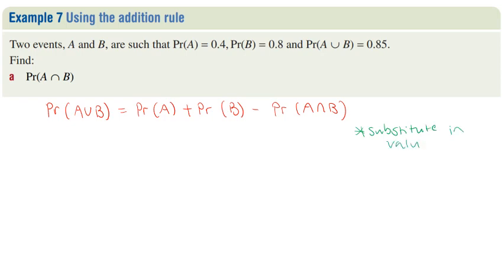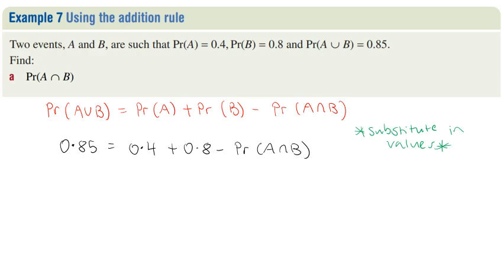They're in the question. A or B is listed as 0.85. A is 0.4, B is 0.8, and we don't know what A and B is. We're trying to figure that out.